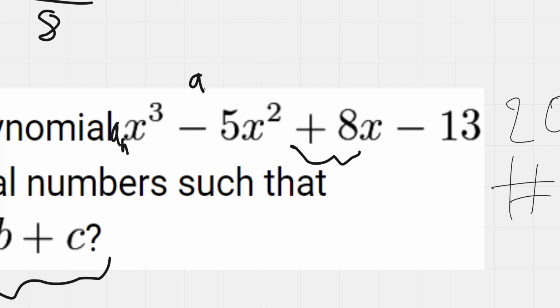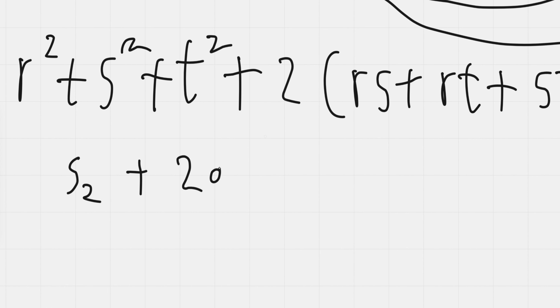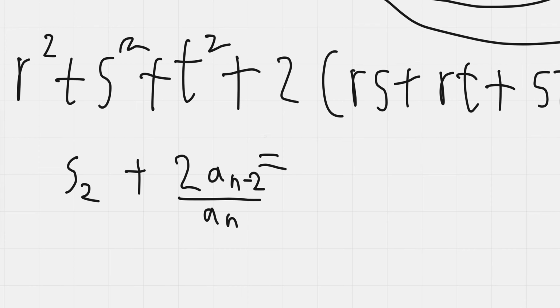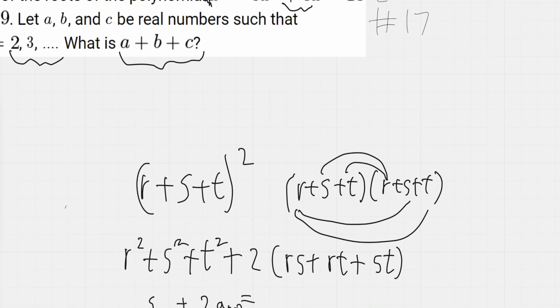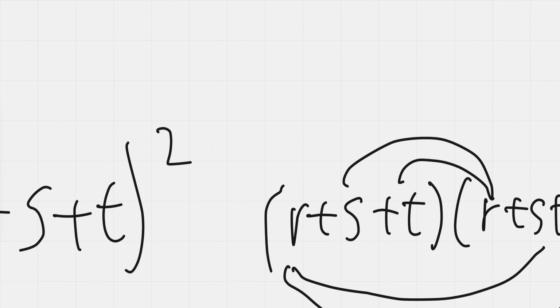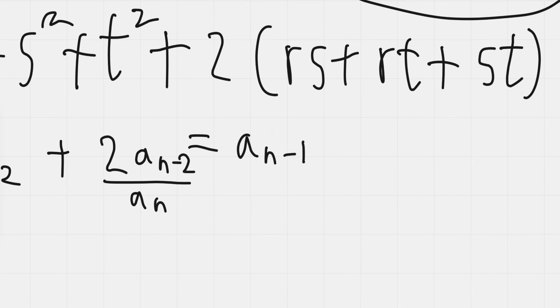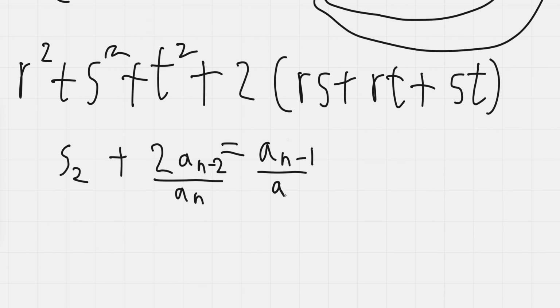You have a sub n minus 1 times a sub n minus 1, plus 2 times a sub n minus 2, divided by a sub n, which is equal to a sub n minus 1 divided by a sub n, the whole squared.